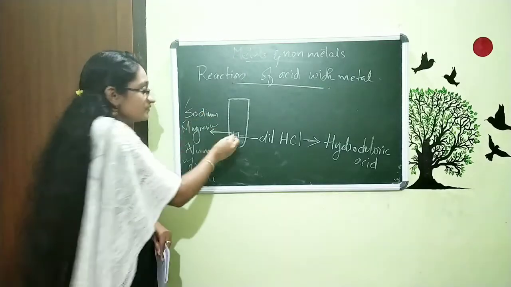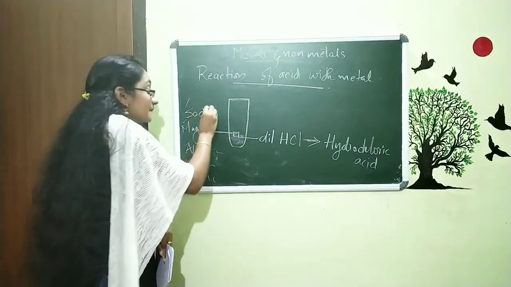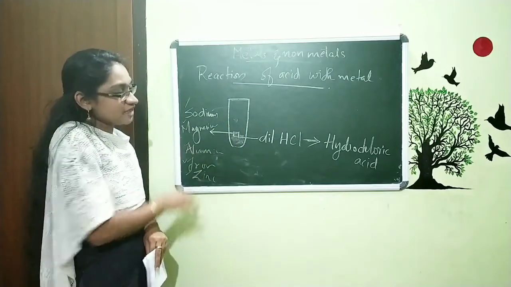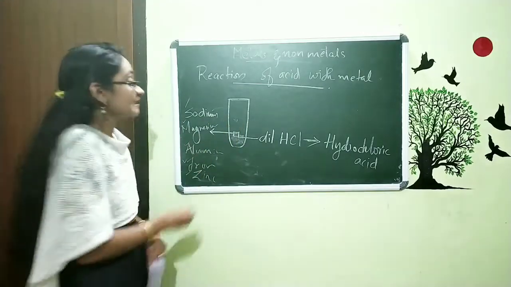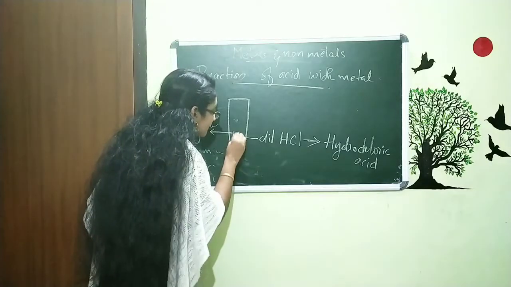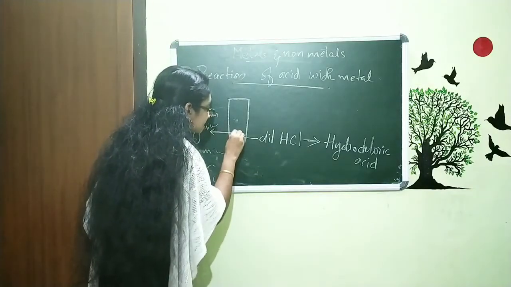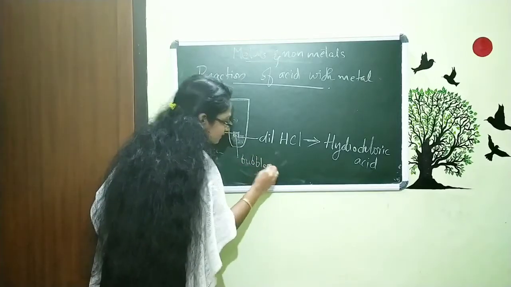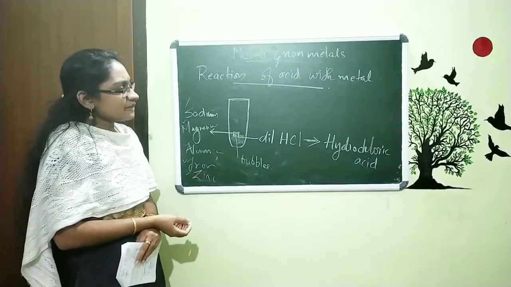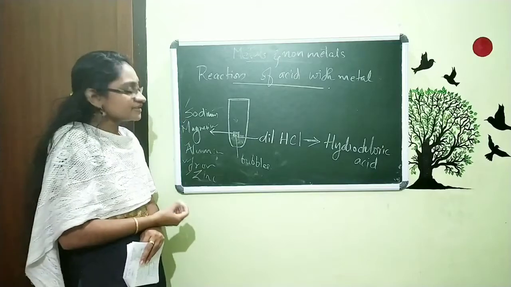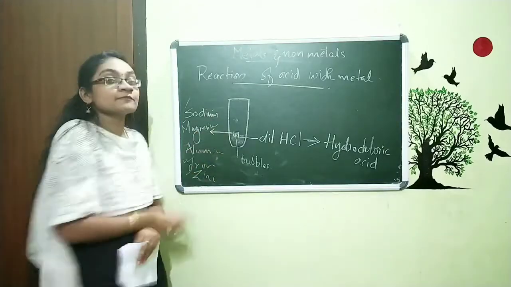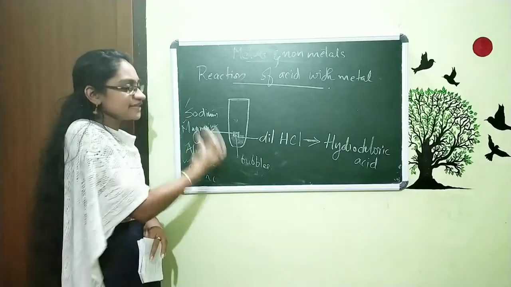So, when we are putting a particular metal in this and we observe it after some time, you can see bubbles in this. These bubbles are formed. What does it mean? It means that a certain type of reaction takes place.